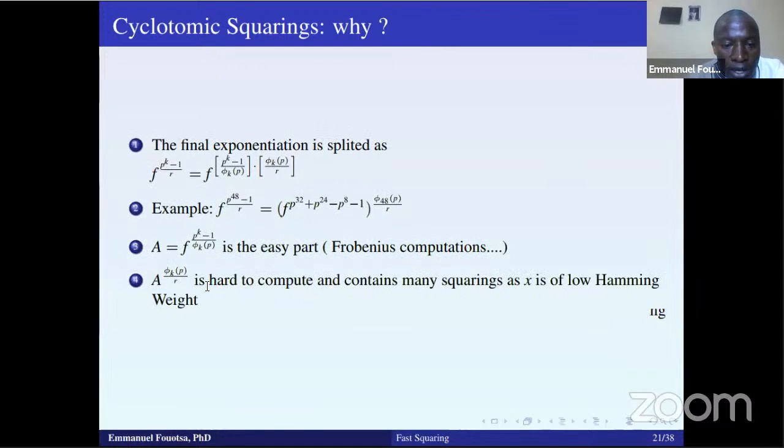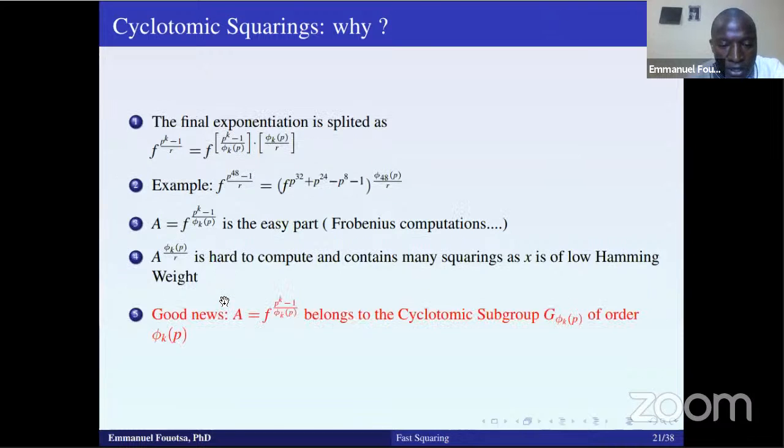Then when you raise this result to this power, it is what we call the hard part of the exponentiation. But a nice observation is that if you take this A and raise it to power 5k of P, then the answer is exactly 1. It means that A belongs to the cyclotomic subgroup of order this.